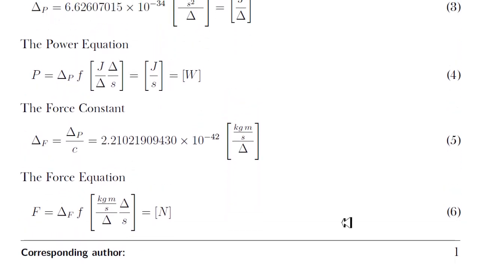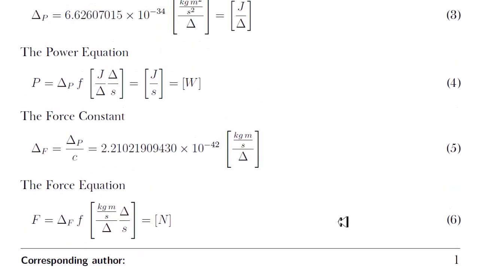Then next we had the force equation, the force terms. We've got the force constant, which is the cycle of power divided by the speed of light, and this gives us this value here, which has units of momentum per cycle. Then we have the force equation, which is the cycle of force times the frequency term, and this is the same frequency term as the power equation.